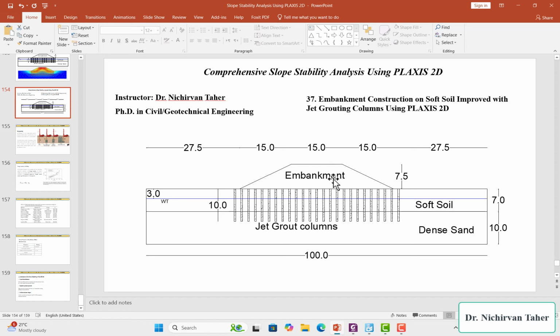The geometry of the embankment is the same as the previous lecture, but in the previous lecture we improved this soft soil using a stone column, but in this example we will use jet grout columns, which is another improvement technique for improving the soft soil.